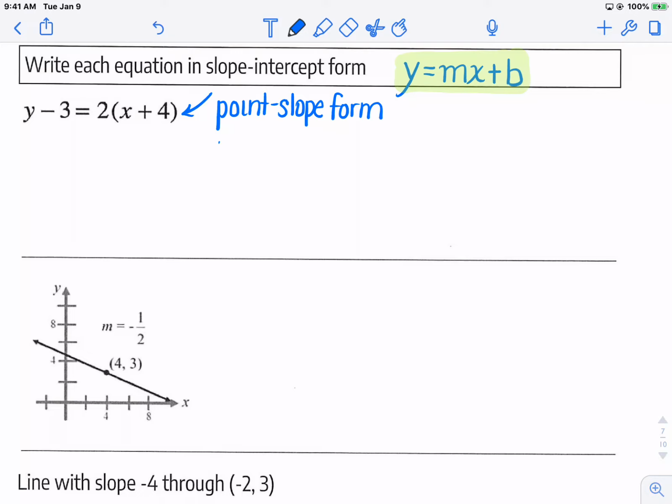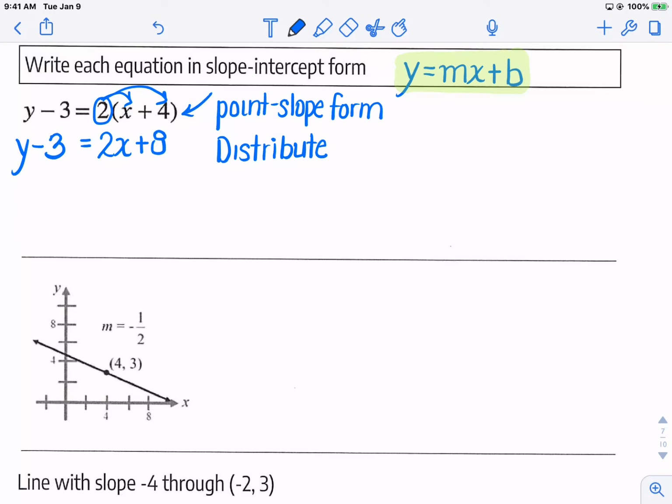So 2 steps to doing that. Distribute. On one side we have distribution to be done so that we can start to work it out of this form. So 2 is my distributor. It has to multiply by x, so 2x. 2 is my distributor and multiplies by 4 to get 8. The other side is y minus 3.